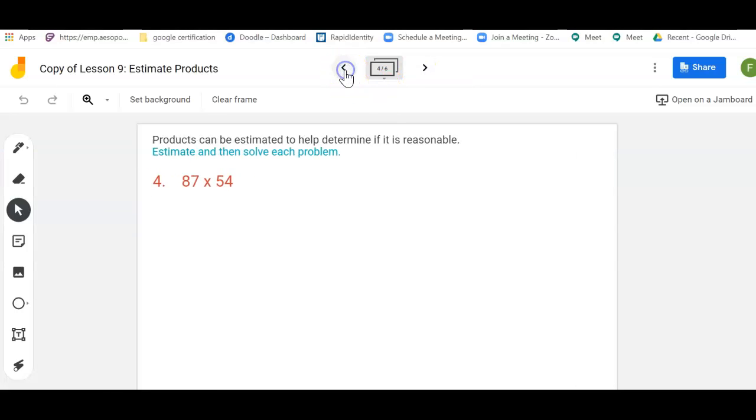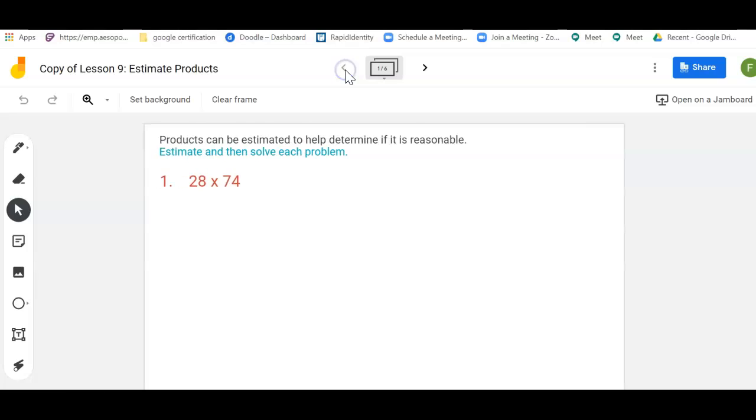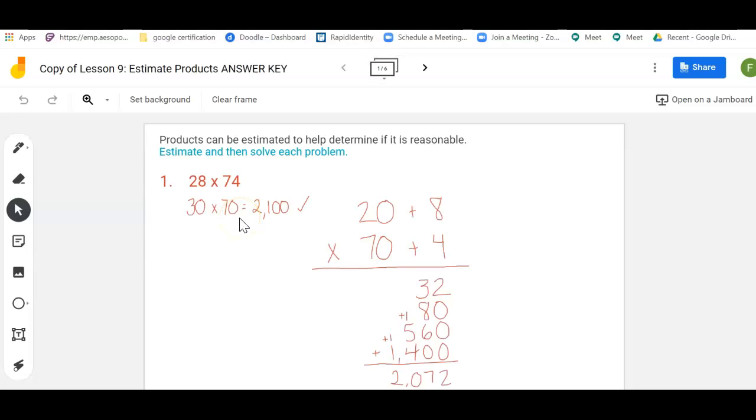Okay, so this is going to be your independent work for today, and I will actually give you an idea about the first one in a second. So for the first one, I'll just go over the first one with you guys. 28 times 74. If you notice, for the 28, I've rounded it up.